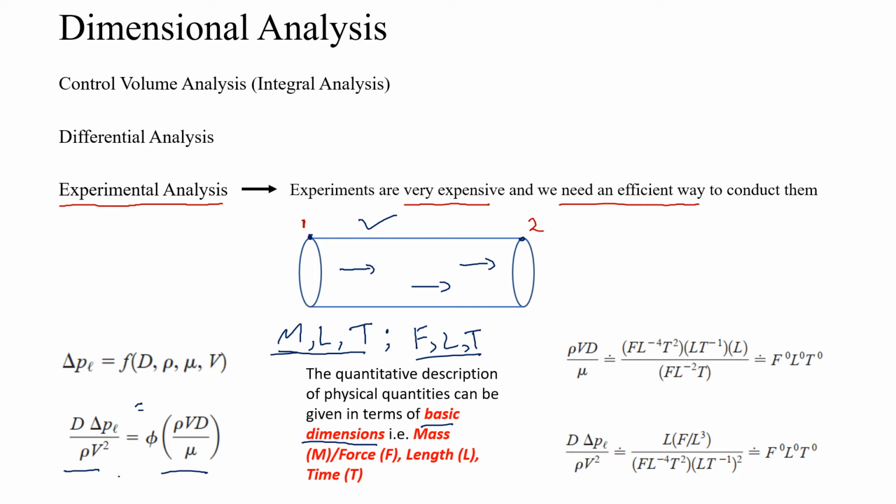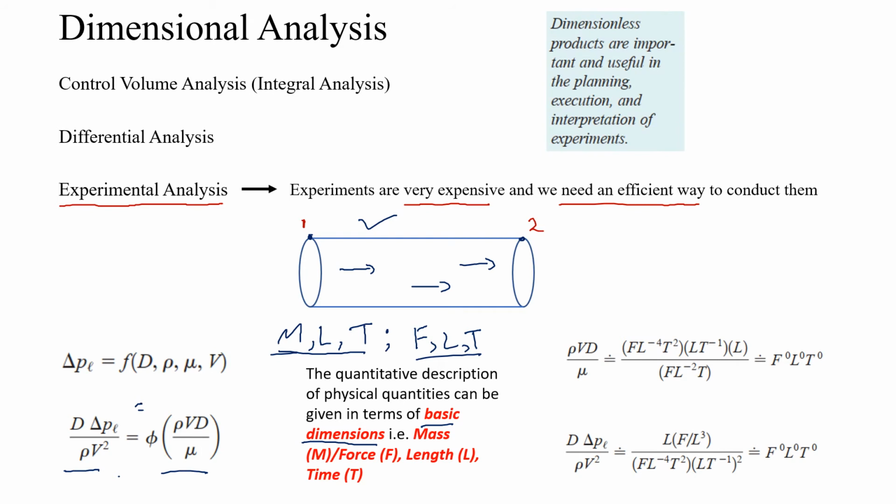So this is what we are going to study today. Just to give it a final touch, dimensionless products are important and useful in planning, execution and interpretation of experiments, because you can see from here that we have combined the 5 variables into 2 terms.